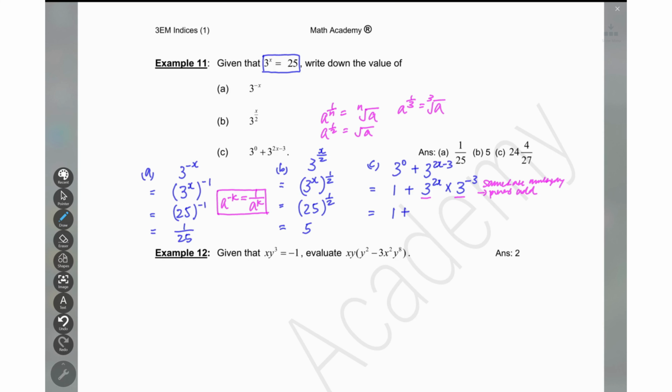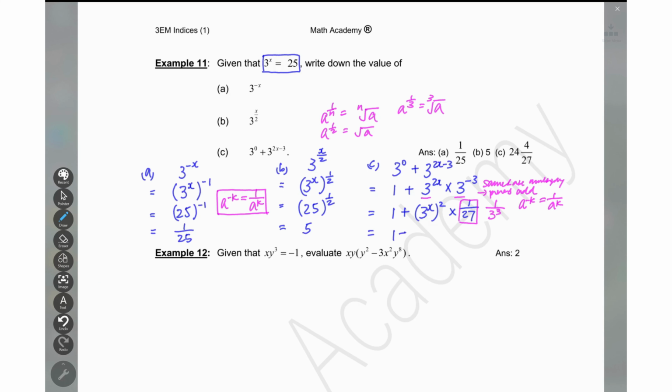Next, 3 to the power of 2x, I'm going to rewrite it such that we have 3 to the power x raised to the power of 2. And then 3 to the power of negative 3 is actually 1 over 3 to the power of 3, which is 1 over 27. Again, I am using this a to the power of negative k is 1 over a to the power of k.